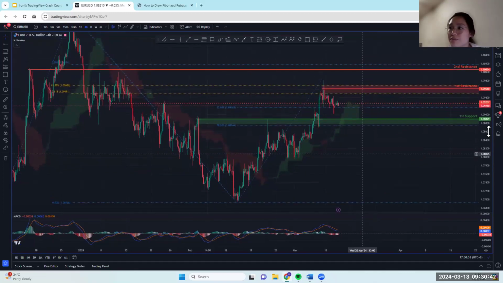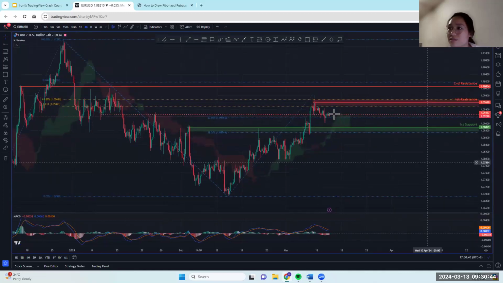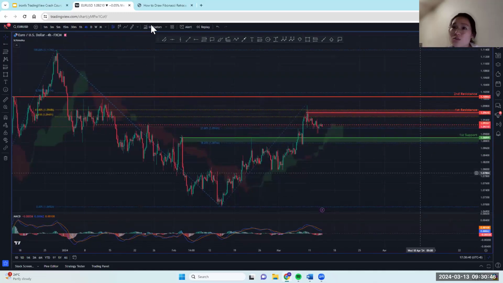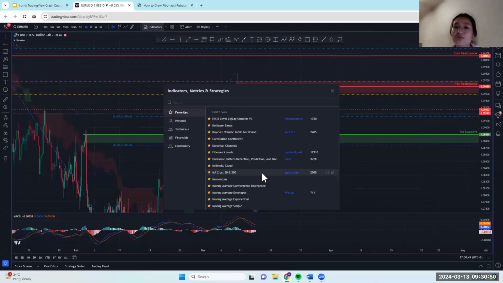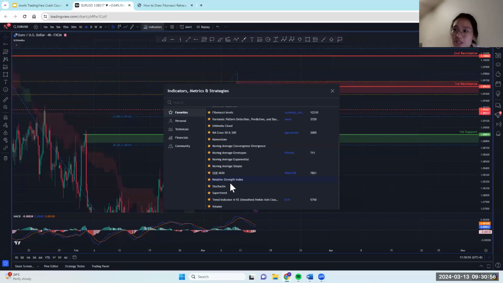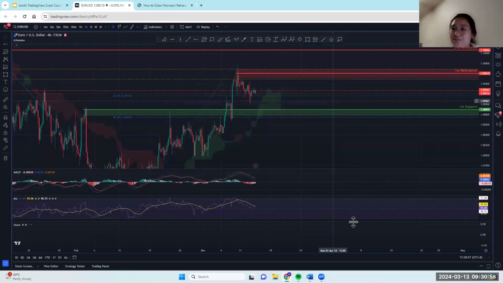So when this happens, that's the reason why you want to make sure that you know how to use a few indicators. So for example, next let's use RSI and stochastic.